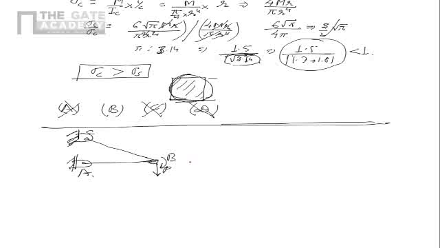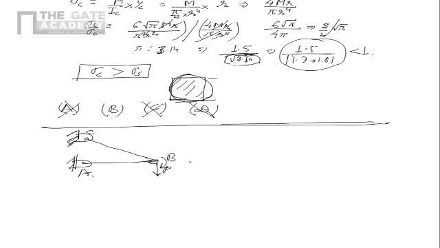They don't have moment fixity anywhere. They can only take forces. The second option is: bar AB is not subjected to bending, but bar BC is subjected to bending. That is also wrong, because they cannot take bending at all, because there is no moment fixity. There is no reaction to the rotation.